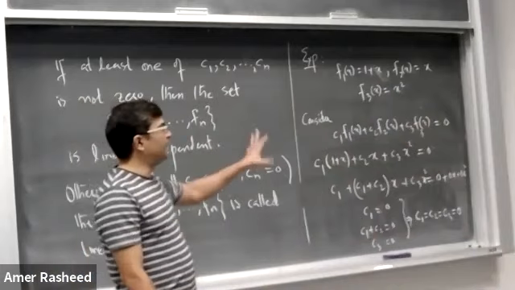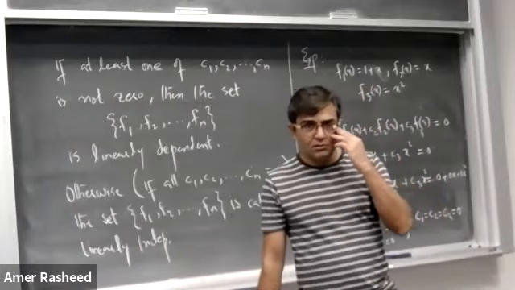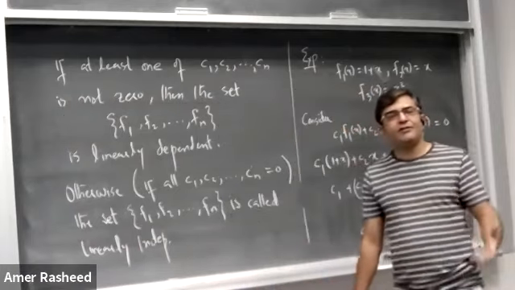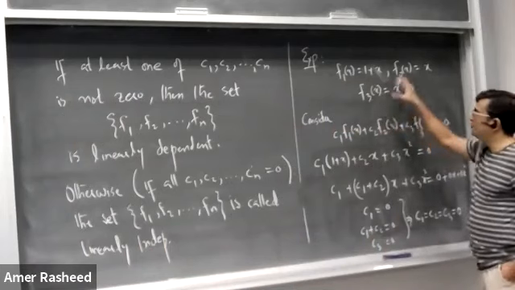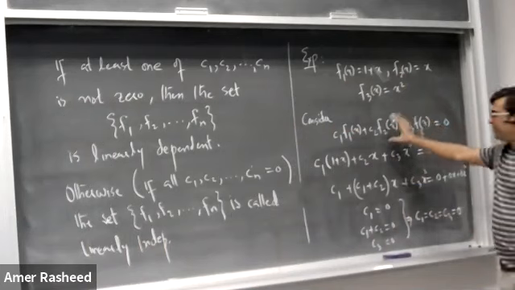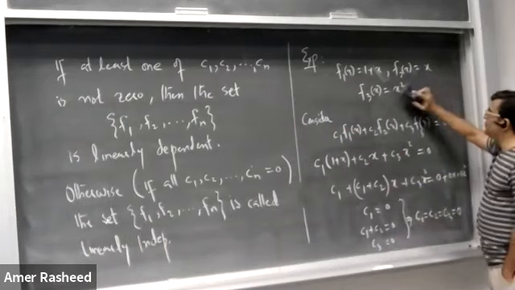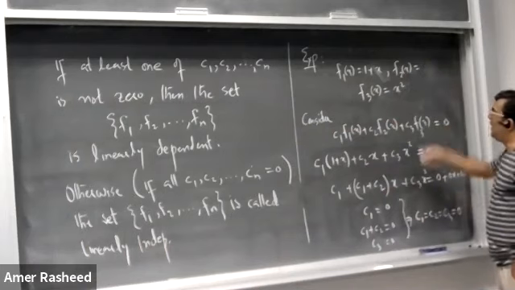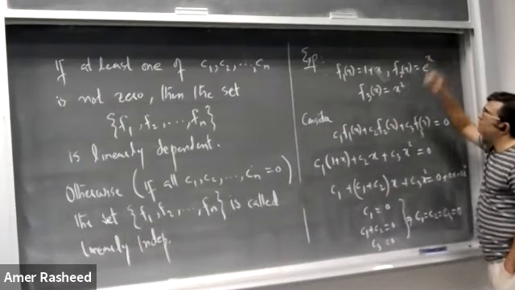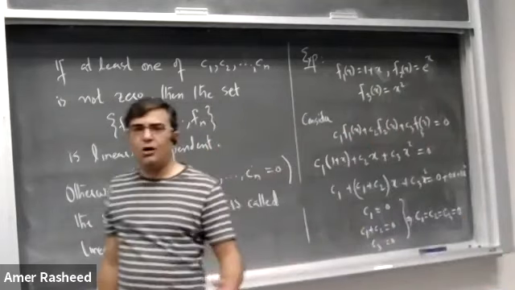But this method is basically lengthy and difficult. And in addition, if I change this function to maybe exponential of x, then how would you compare and how would you obtain a homogeneous linear system?